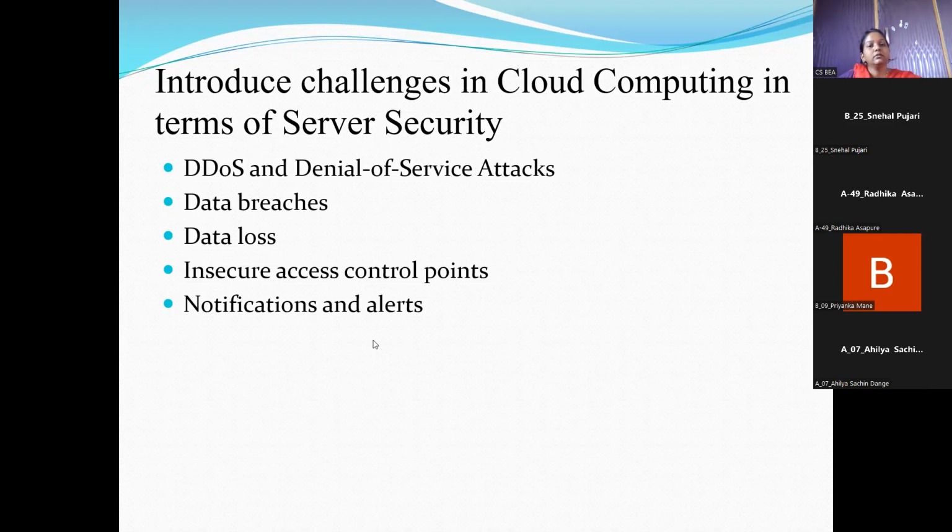Then coming to the next challenge, that is data loss. So what is data loss? You may be losing your confidential data, isn't it? So what does this particular challenge mean exactly?